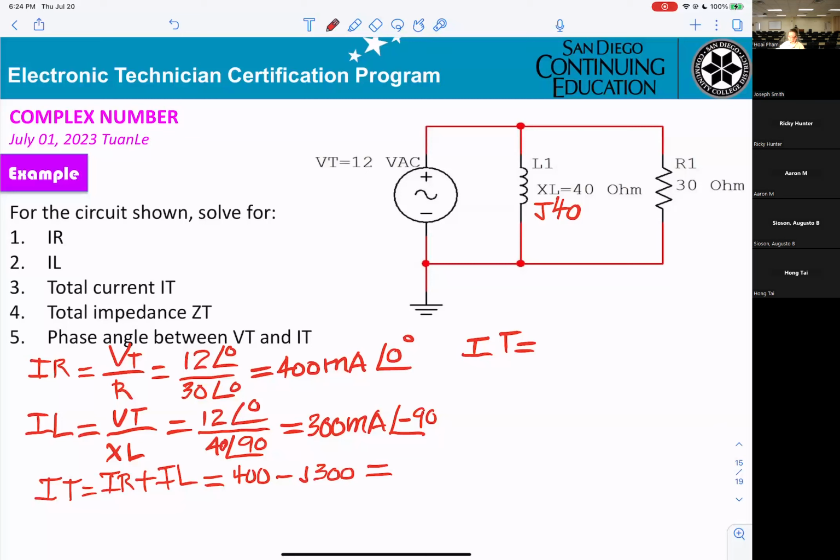That will be the square root of 400 squared plus 300 squared.